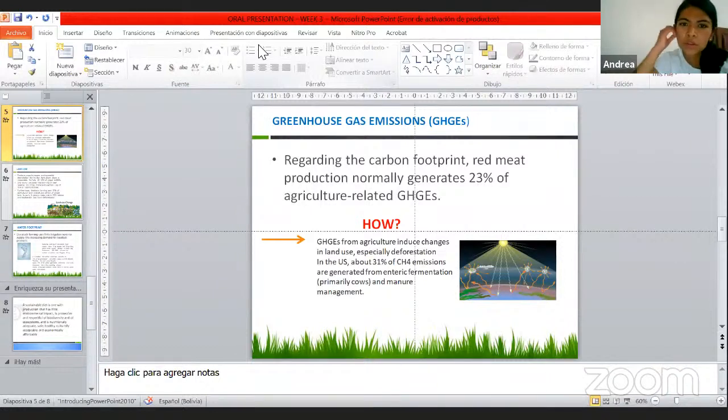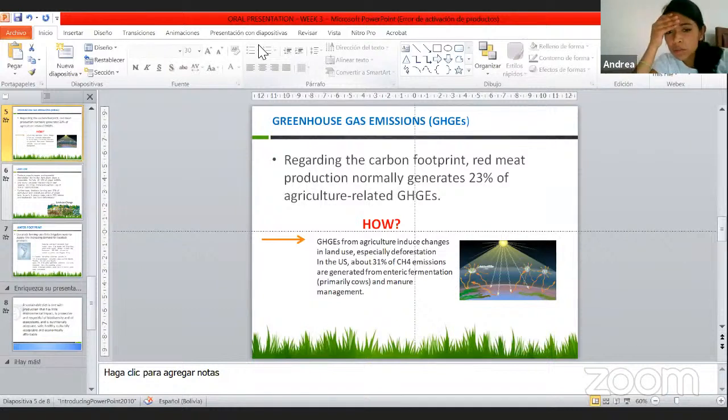Red meat production normally generates 23% of agriculture-related greenhouse emissions. And the reason producing meat has an impact on greenhouse emissions is agriculture.